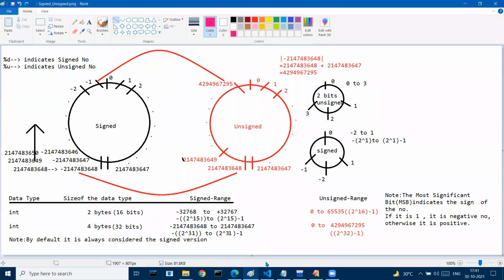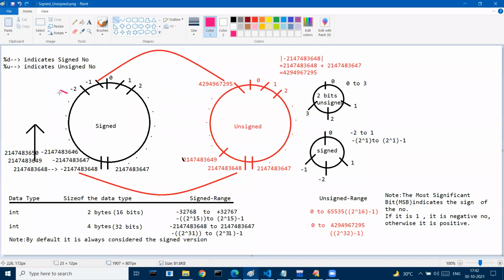If you go for percentile U, sir, then I don't know what will come. Minus 65,536 means somewhere it will be there. These equivalent numbers, corresponding unsigned number will be printed. What number is that?